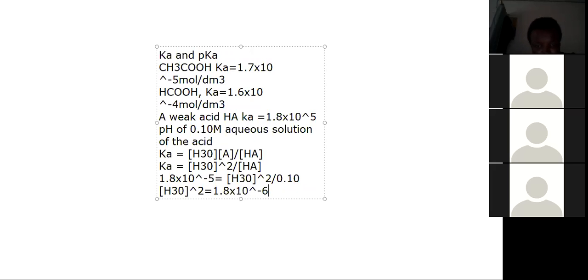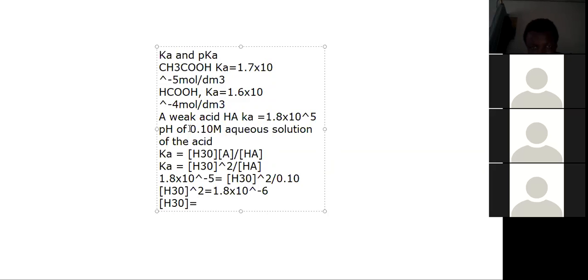And so if you want to find the concentration of H3O plus we get after the product, we have to root this one. And so the square root of this, what are you getting? H3O plus is equal to the square root of 1.8 times 10 to the power minus 6.